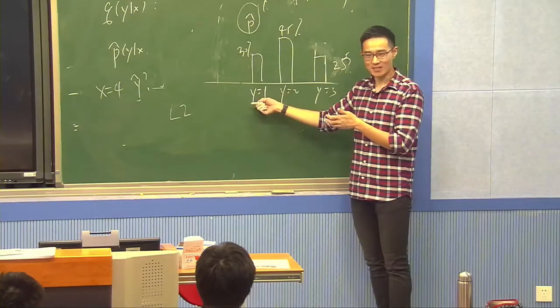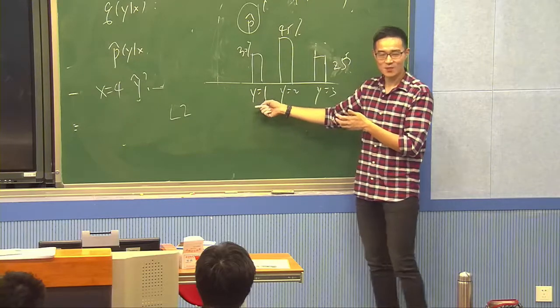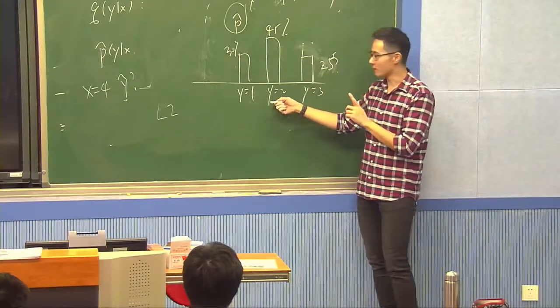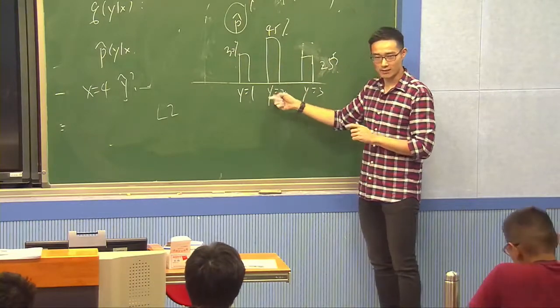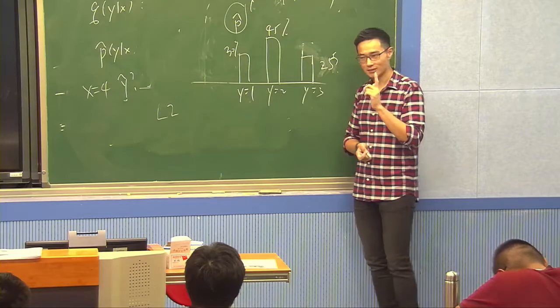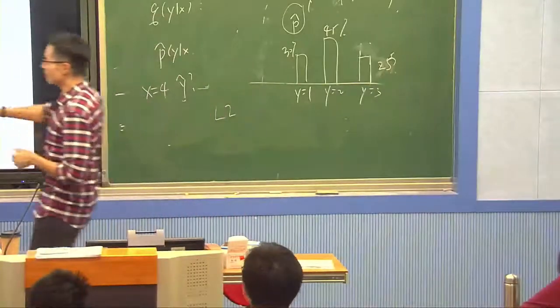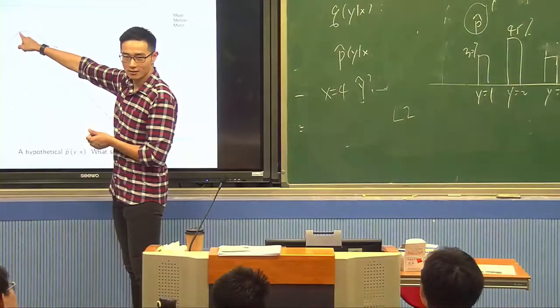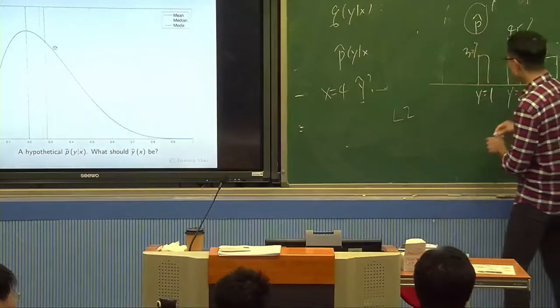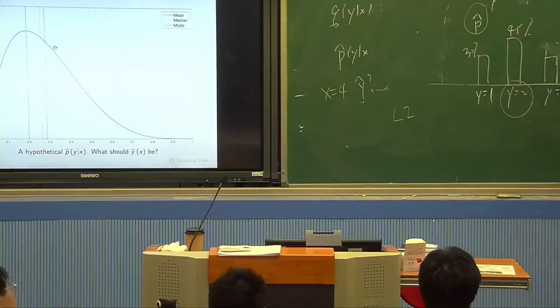Because it depends on the loss function. What kind of loss function gives you Y equal to 2, the Y value that has the highest probability? 0-1. So in this case, if you use 0-1 loss, you should predict Y equal to 2.